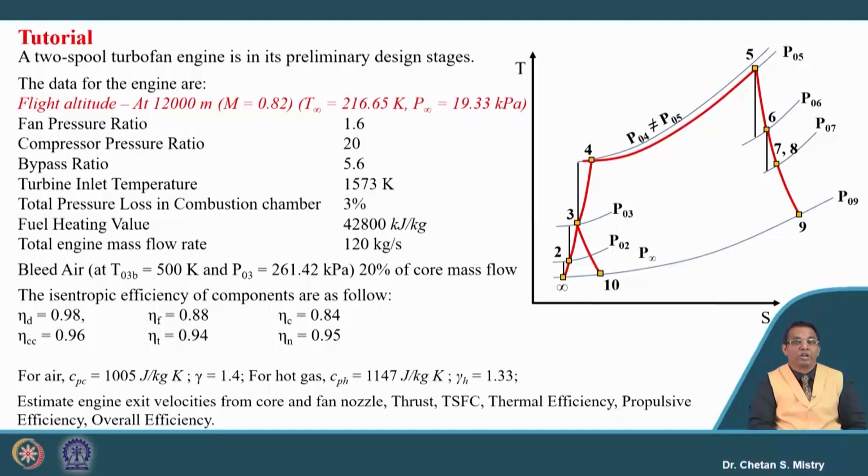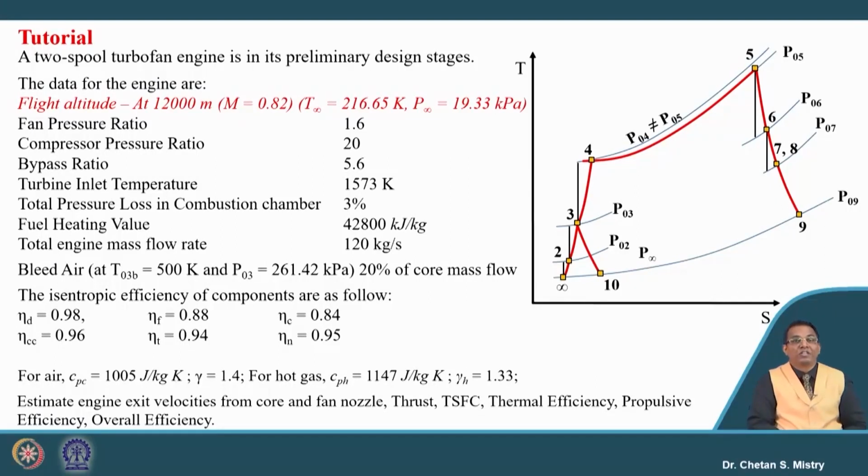Total engine mass flow rate is 120 kg per second, and bleed air is taken at a temperature of 500 Kelvin and pressure of 261.42 kilopascal, which is 20% of the core mass flow rate.